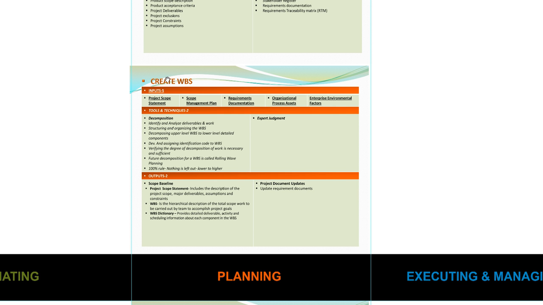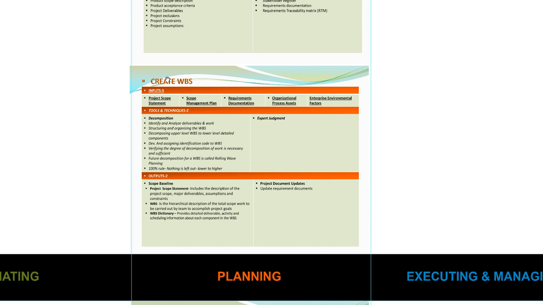Now again, what does the work breakdown structure have? Everything that's needed to be completed in the project is broken down into small bits and tiny pieces. For example, if my client says I want a kitchen designed, then what is going to go in the work breakdown structure? It starts on the top as a kitchen, and then as we keep breaking parts and pieces down, we are going to have what is going to go in the kitchen.